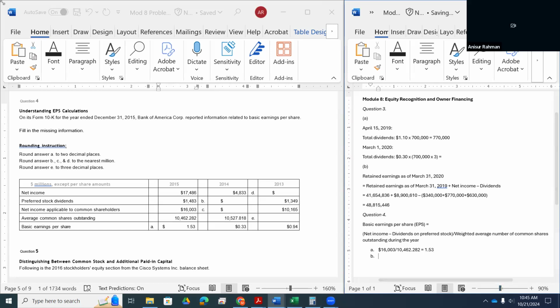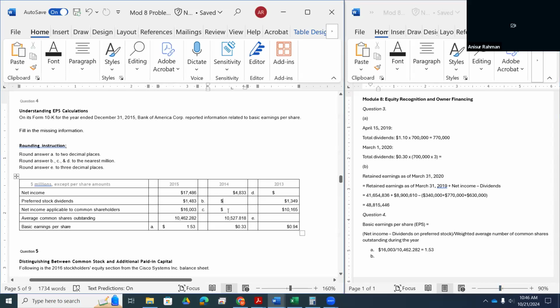Okay. For parts B, C and D, to the nearest million. So this is our B and this is our C. And common shares outstanding, basic earnings per share.